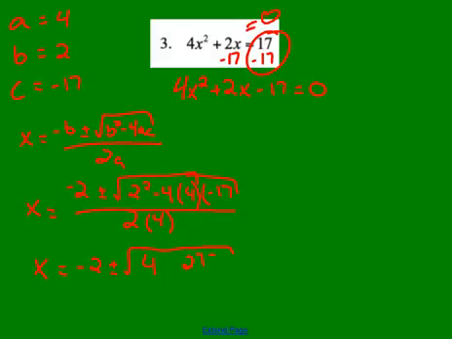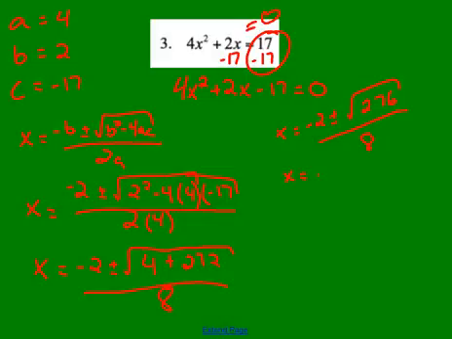And I see that that's a negative 17, so a minus a negative is going to become a plus, all divided by 8. Go one step forward. Alright, so I'm going to have x equals negative 2 plus or minus square root of 276 divided by 8.